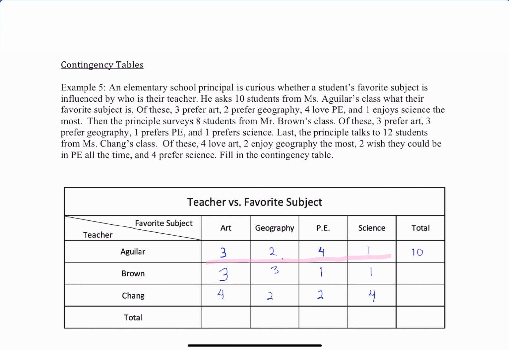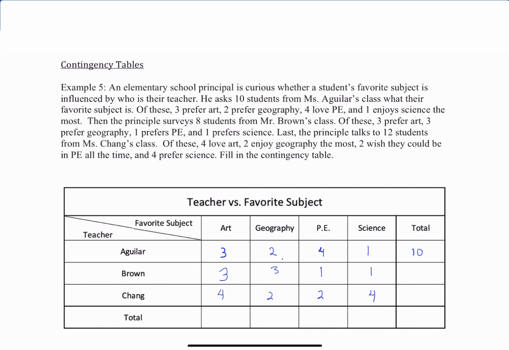Now that should agree with the number of students we were told were selected from Miss Aguilar's class, and indeed it does. Okay, so that's partly a check on whether your numbers make sense, and partly it's useful to have out there, as we'll see in a minute.